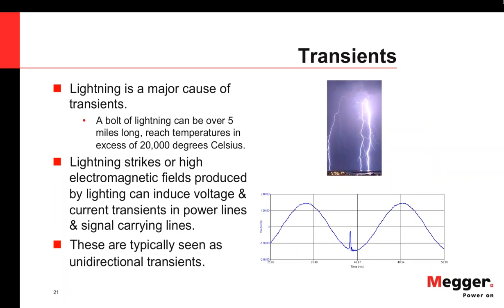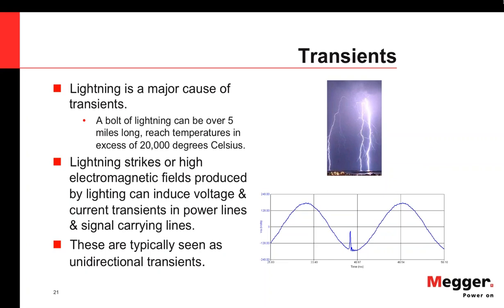Now, lightning is a major cause of impulse transients. A bolt of lightning can be over 5 miles long and reach temperatures in excess of 20,000 degrees Celsius. It's a bit hot. And lightning strikes produce very large electromagnetic fields.